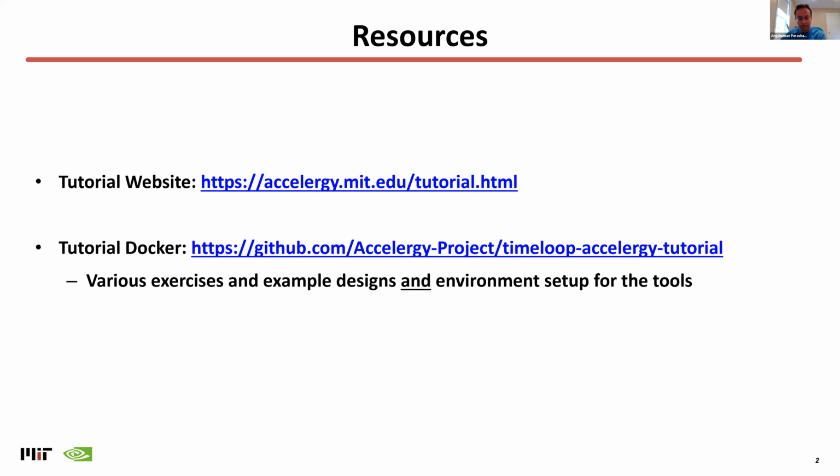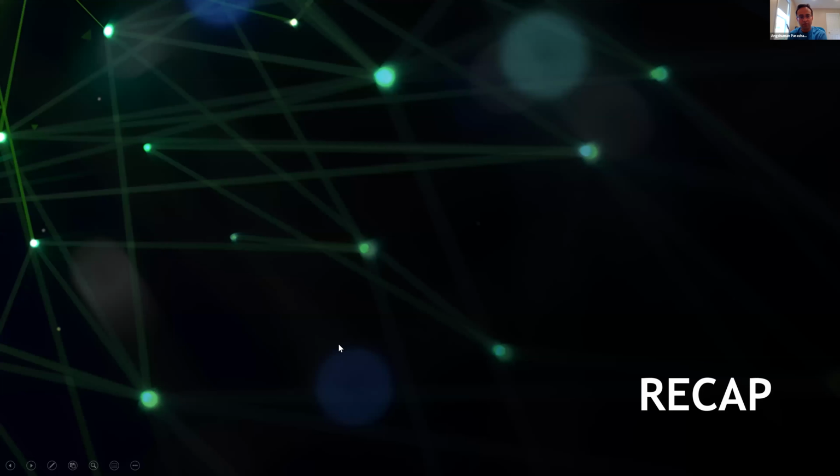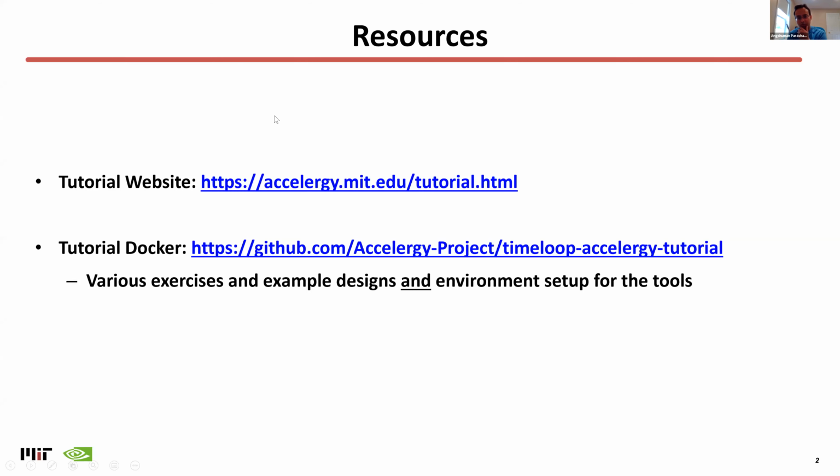But if you do not have Docker, then there are instructions for installing them natively on an Ubuntu system as well. As we move forward, on the first few slides you're going to see the same link posted at the top, which shows you where to go to download the infrastructure.